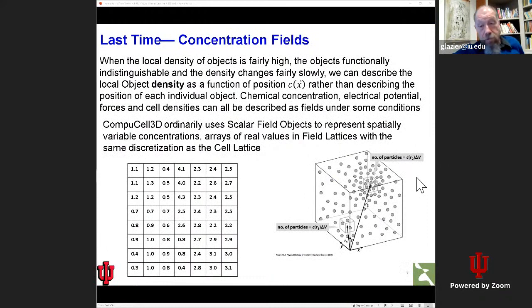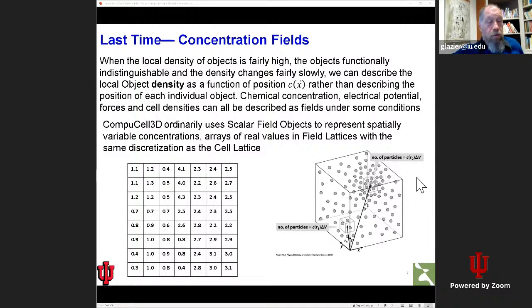And then I want to now come back to the main focus of today's lecture, which was concentration fields. Now, we started out by the idea of what is a concentration field, and we're pretty used to saying that the concentration of sugar in our solution is so many moles. But we do have to remember that when we're talking about a chemical, the chemical is in fact discrete. It comes in molecules.